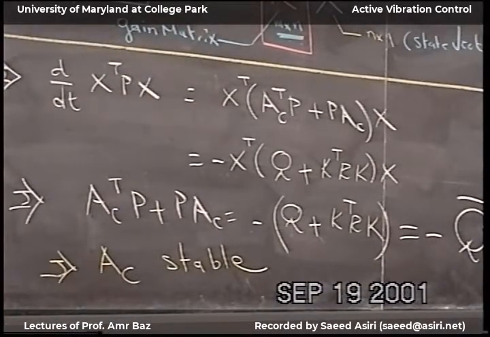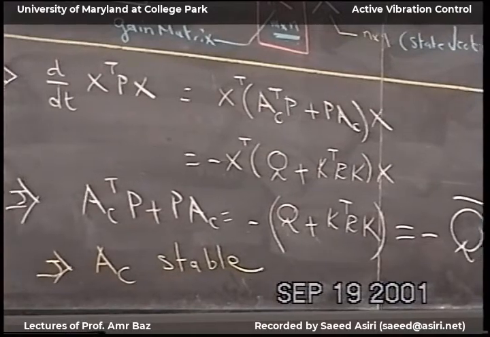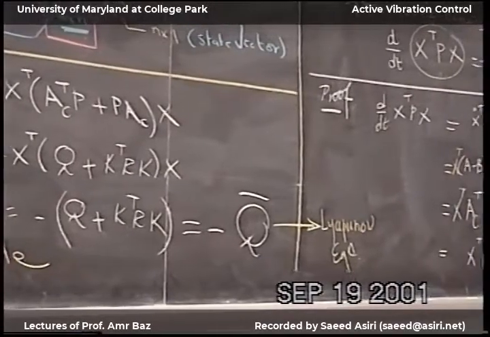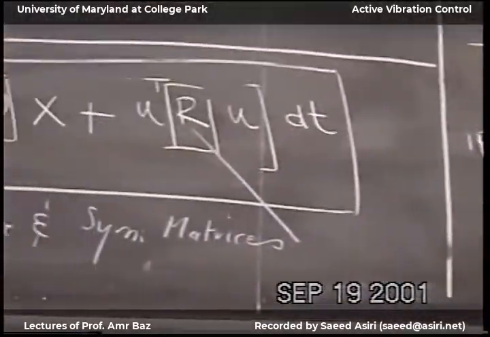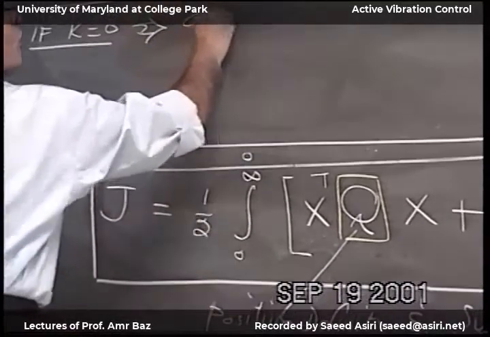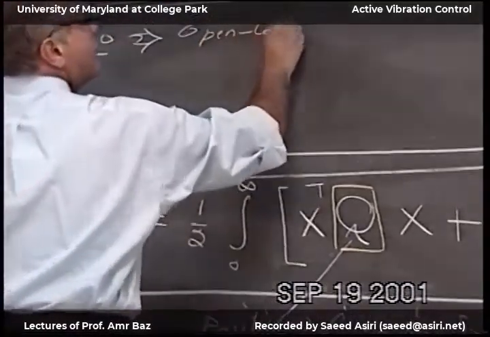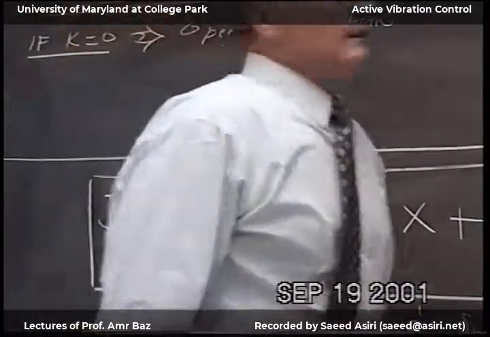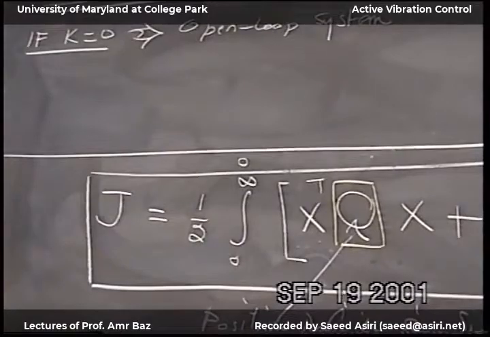Now let's say one thing. If K is 0, this means that we have open loop. And we look at what we have here.